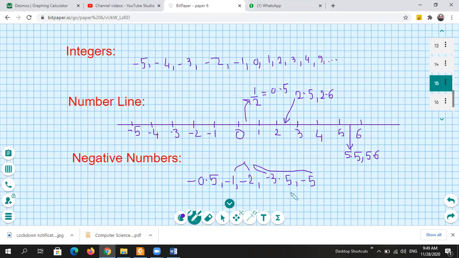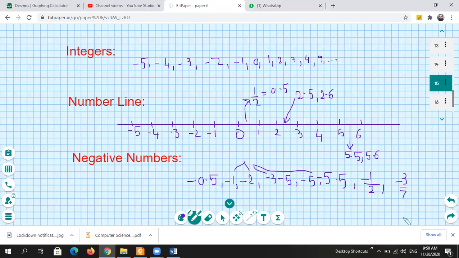Some are negative decimal numbers like -0.5. Similarly, -5.5. So these are negative decimal numbers. We can also write negative fractions, 1/2, -1/2, or -3/7.